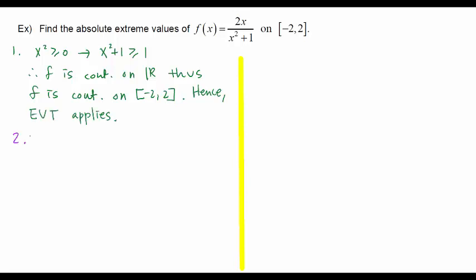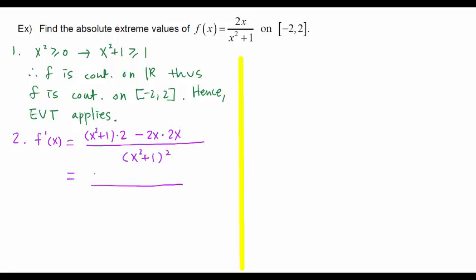applies. Step 2, I'm going to take the derivative and find the critical numbers of f. F prime of x equal, since this is a rational function, we're going to have to use the quotient rule. So low d high minus high d low over square below. Then I will get 2x squared plus 2 minus 4x squared over x squared plus 1 squared, which is equal to negative 2x squared plus 2 over x squared plus 1 squared.